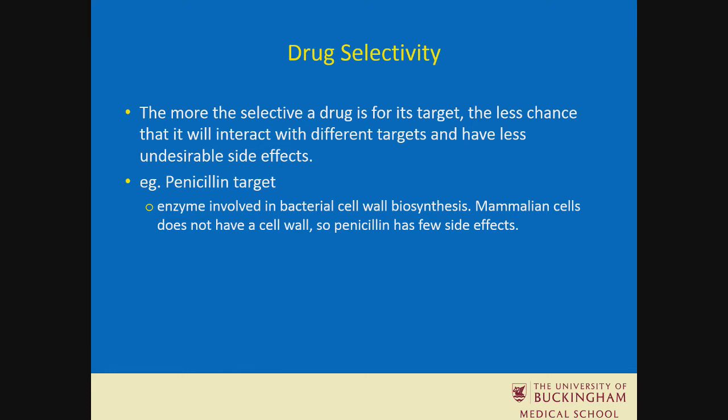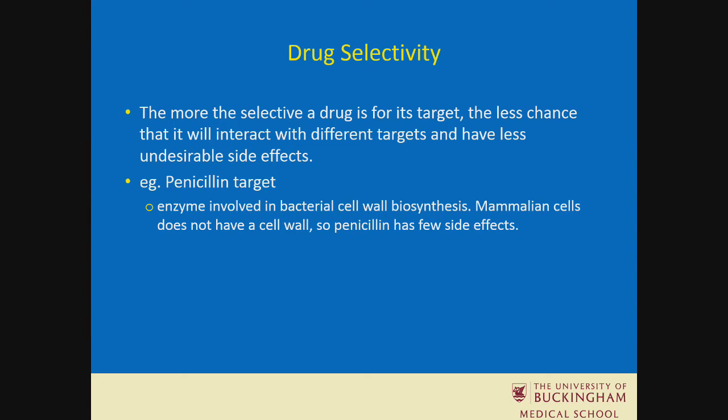In this case, penicillin acts like a mimic for that enzyme's natural substrate, but of course it sticks to it and blocks it. Bacteria can't generate their cell walls and become more susceptible to the body's defense mechanisms. But mammalian cells don't have a cell wall, so if the target's not there, it's not going to work on it. So, as I said, penicillin is relatively safe.